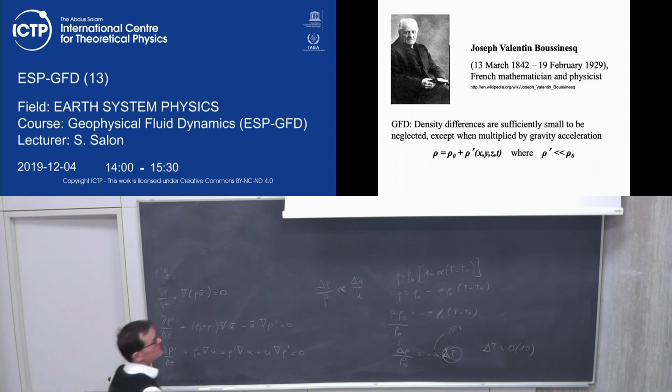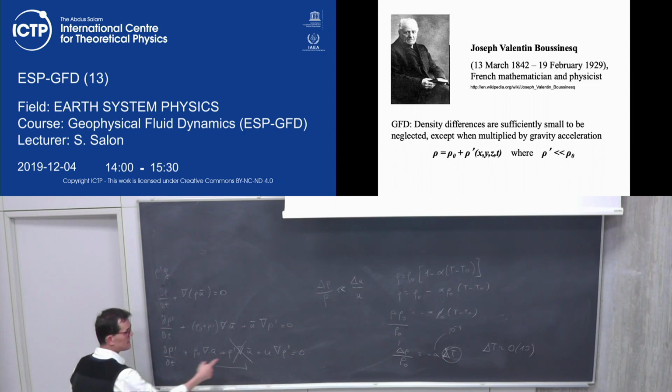So this, which is an experimental evidence, gives me the opportunity to come back to the mass continuity equation, and say that if I compare this term with this term, I have that rho 0 is much larger than rho prime. So I can neglect this term with respect to this term. Okay?